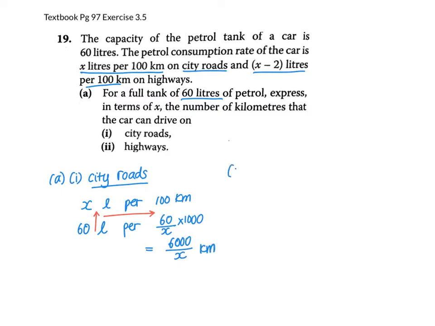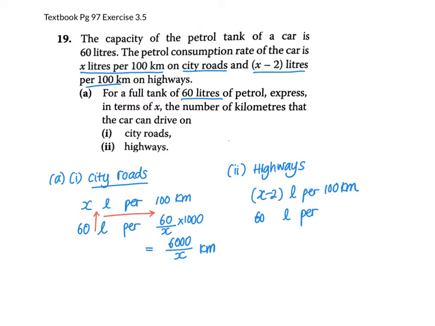Now on highway roads, we have x minus 2 liters instead. So x minus 2 liters per 100 kilometers, and we would like to find the distance for a full tank of 60 liters.